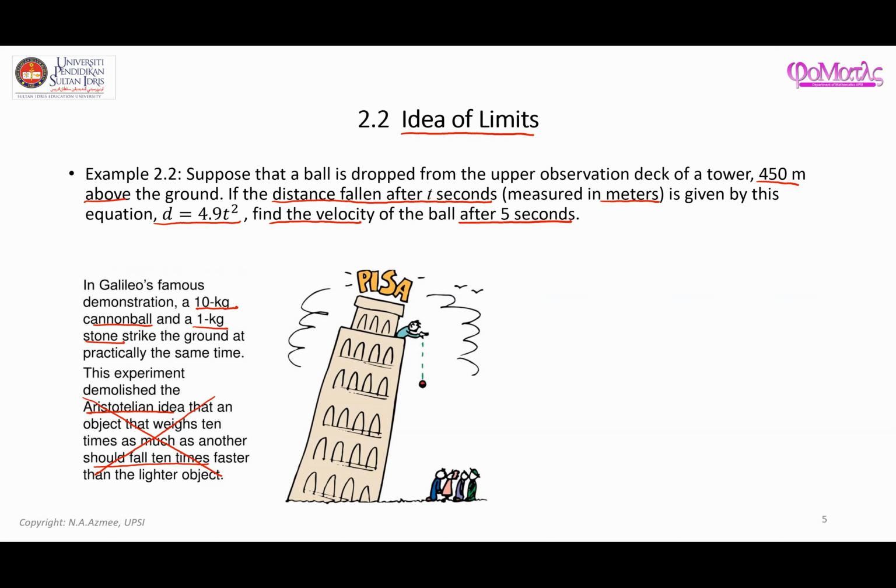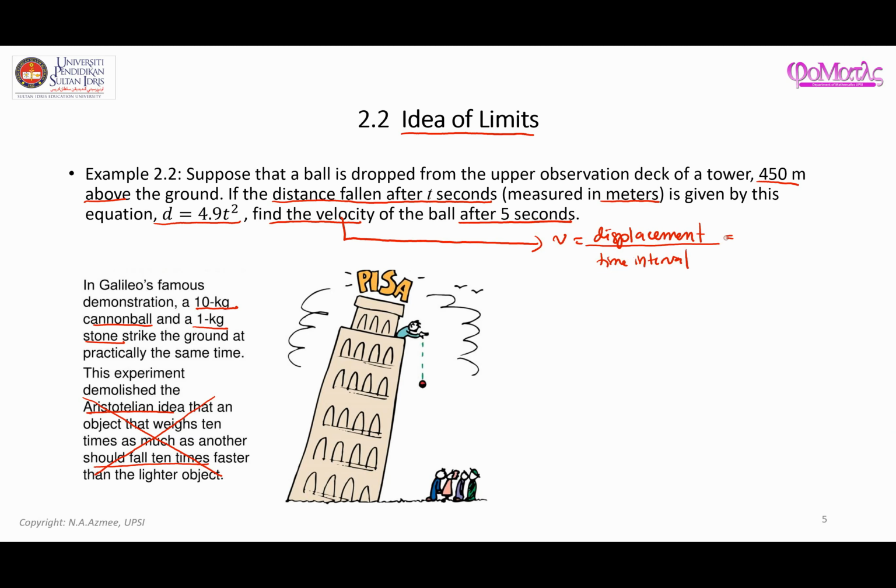Let's say you are interested in finding the velocity of the ball 5 seconds after it is dropped from the deck of a tower. Velocity is given by this formula, where you need to know the displacement and the time interval.